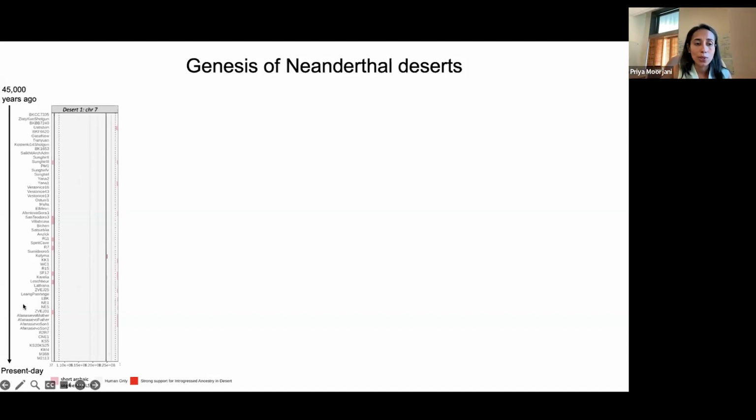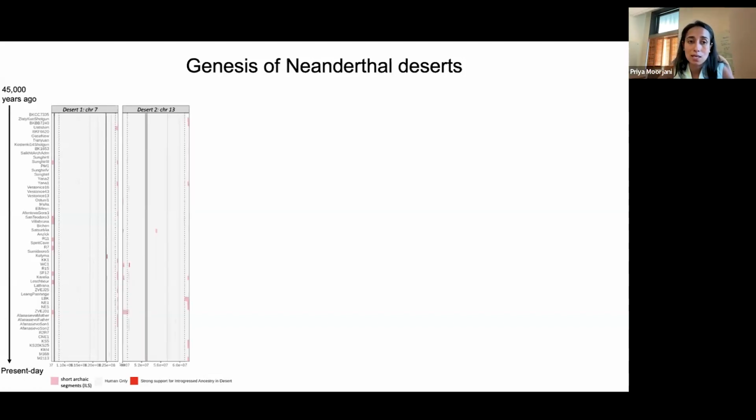And then I'm showing you all the ancient DNA samples, but this time I have organized them by time. And we see that in 45,000-year-old samples, you don't find any Neanderthal ancestry in this region. You go down the line and there is very, very little Neanderthal ancestry, if at all. And even when you do find some variants are shared, they are very tiny little blocks. Only when you move outside of this region, you start finding some amount of shared Neanderthal ancestry.